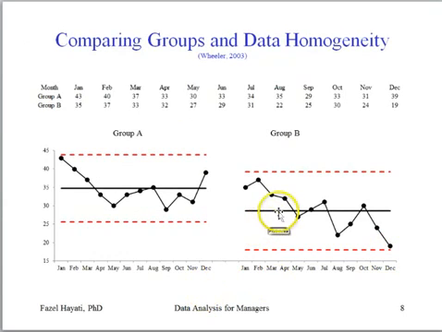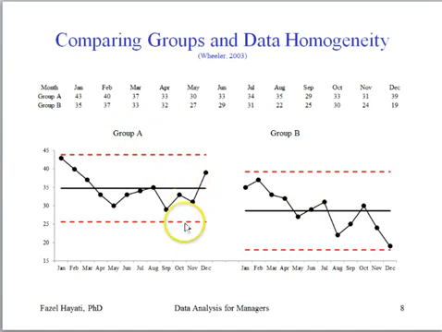Another application of control charts is to establish data homogeneity, or comparison of two groups. Here group A and group B are compared. We make the assumption that these two groups are comparable, or that they come from the same system of causes.